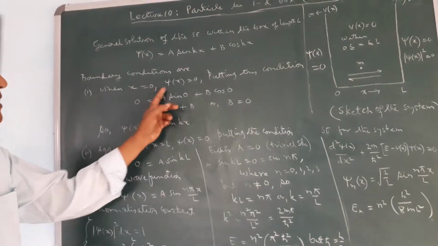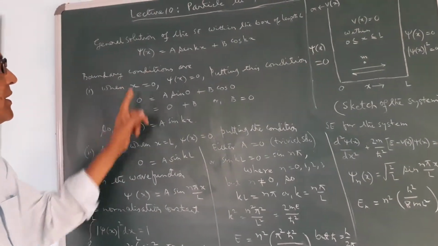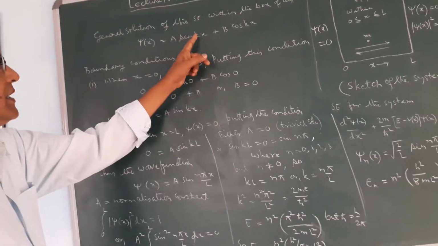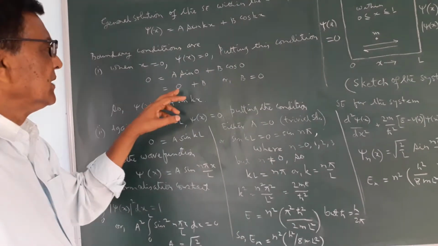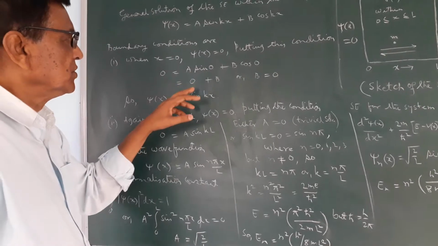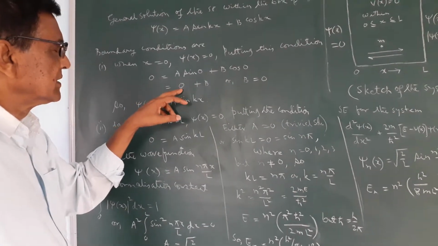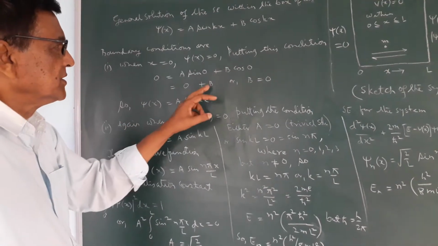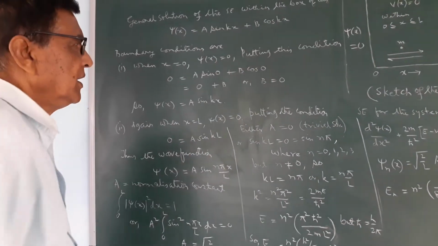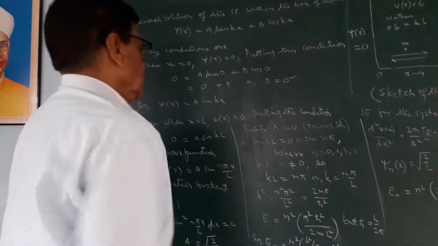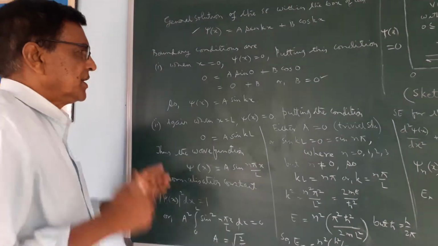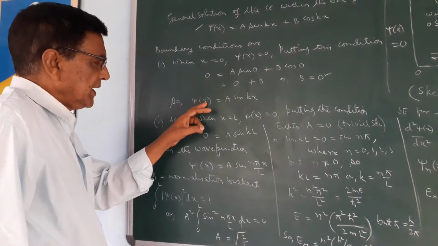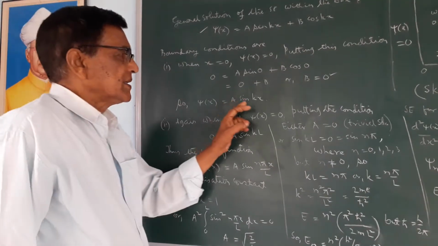So putting this condition, 0 equals A sin 0 plus B cos 0, and sin 0 equals 0. So this term is 0, and this term is B cos 0, where cos 0 equals 1, so B equals 0. So this general solution now turns into ψ(x) = A sin kx.